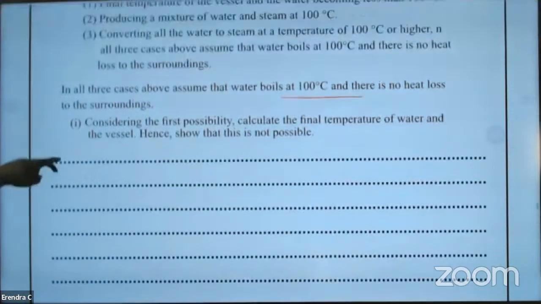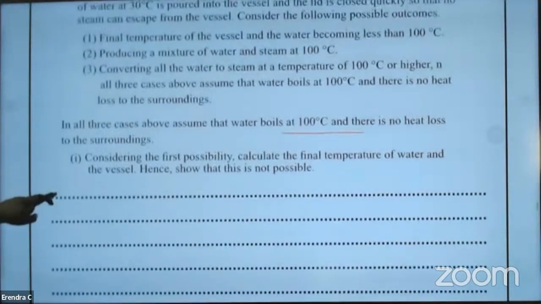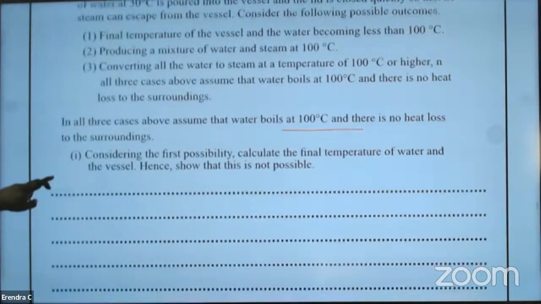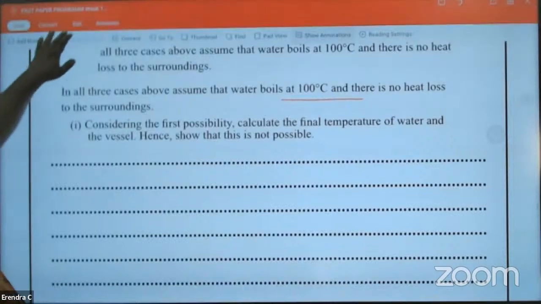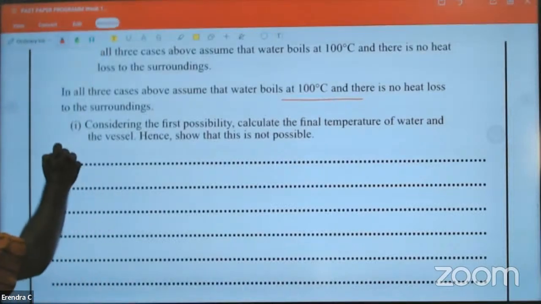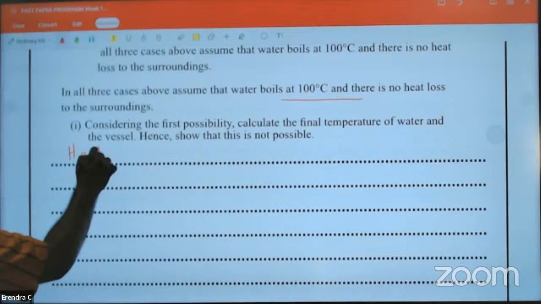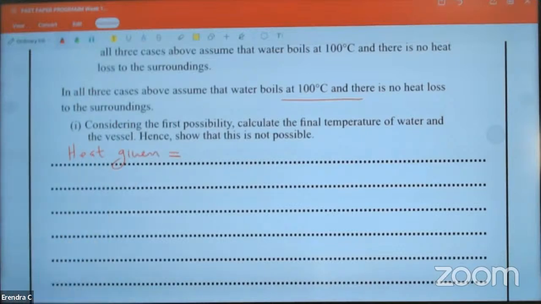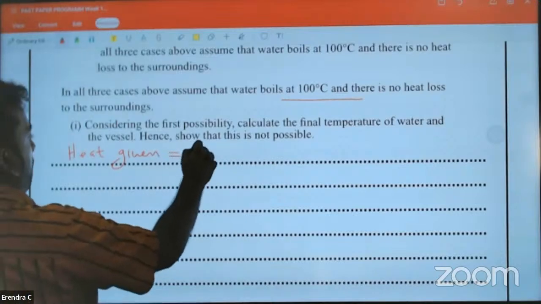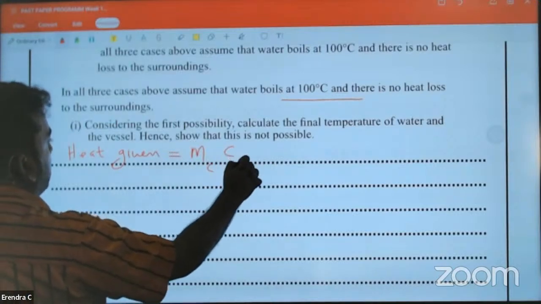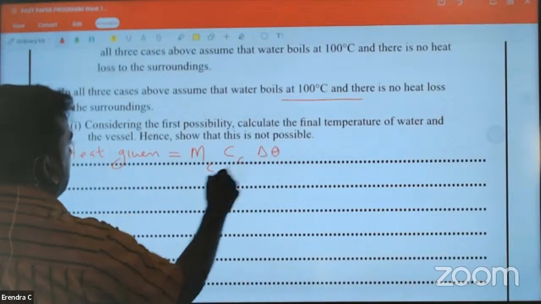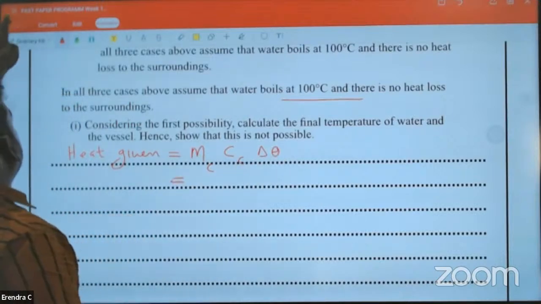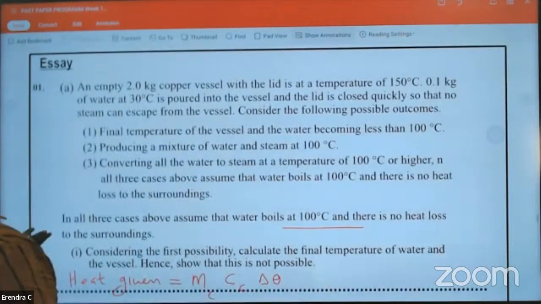Right. Consider the first possibility. What is that? Becoming less than 100. Let's see. Heat given. Who is giving heat? The calorimeter is giving heat: mass of copper, specific heat capacity of copper, change in temperature. Mass of copper, 2 kilogram.